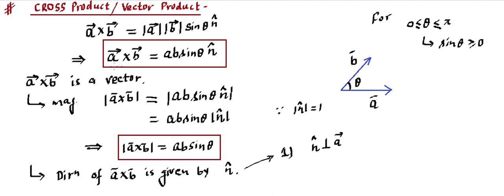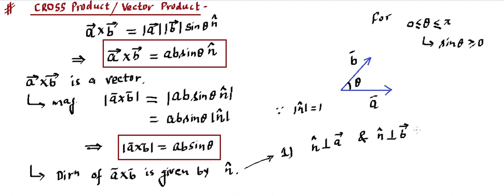As well as, it is going to be perpendicular to vector B. That means the direction of the cross product is perpendicular to both the vectors involved in the cross product. Very important point. So n cap is perpendicular to A direction, n cap is also perpendicular to B direction. It's an 'and', that means both are simultaneously true.